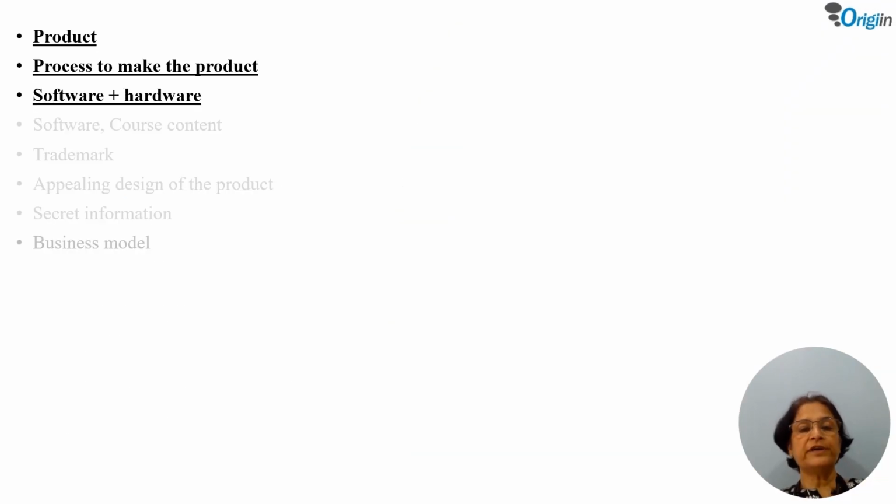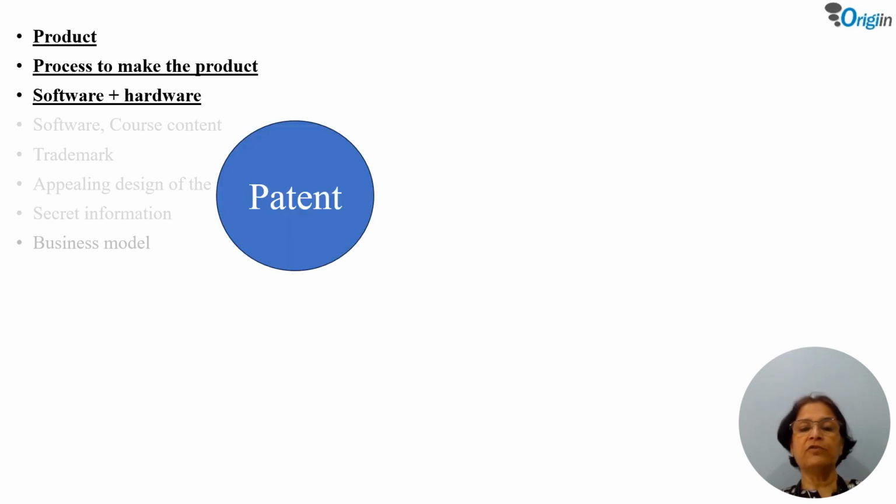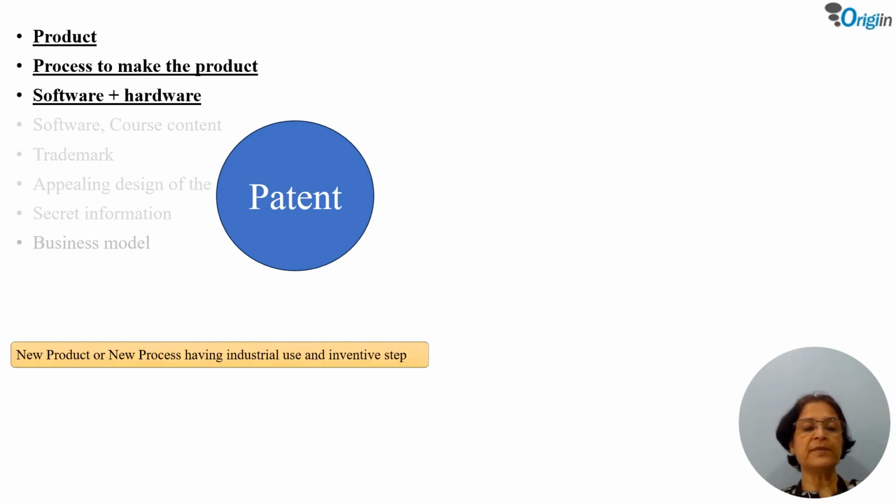If your innovation is in the form of new product, process to make a product, or if it is a combination of software and hardware, then you can think of registering your product in the form of patent. Okay, so patent is the kind of intellectual property which may be good to be registered for product, process, or combination of hardware and software.